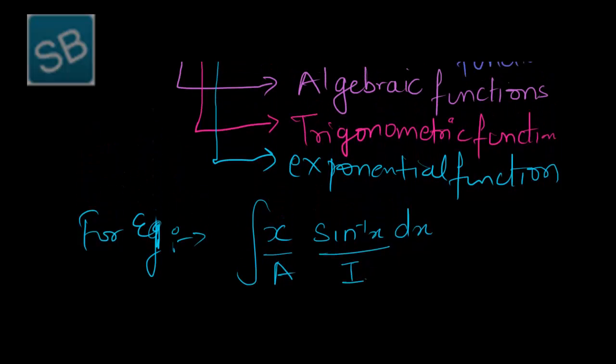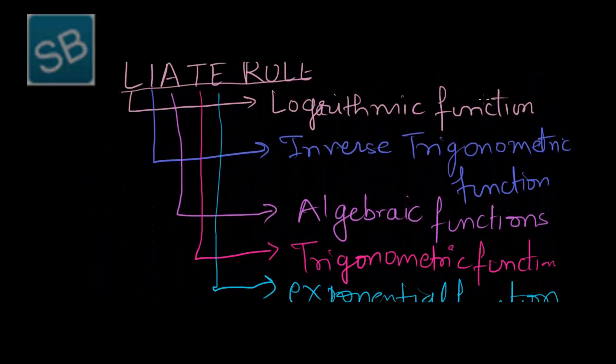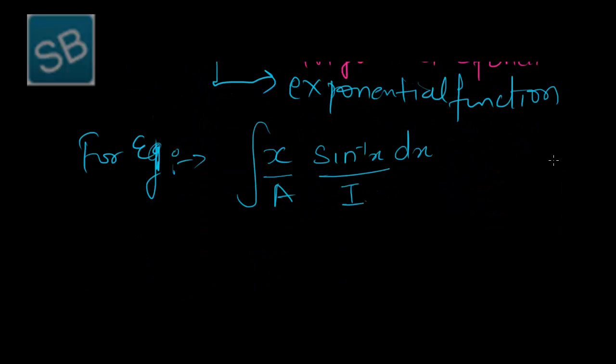So according to the LIATE rule, the inverse trigonometric comes first. So this is the first function and this is the second function. So we choose u as sine inverse x and v as x. After this, by using the product rule, we can find the integration of this function.